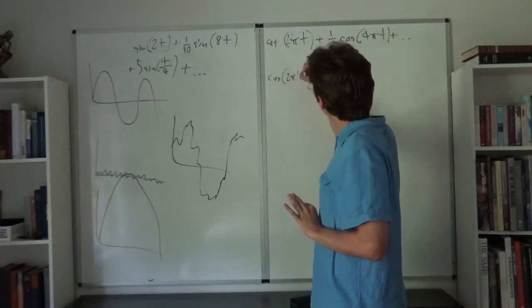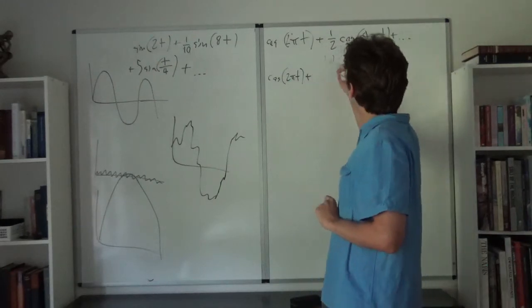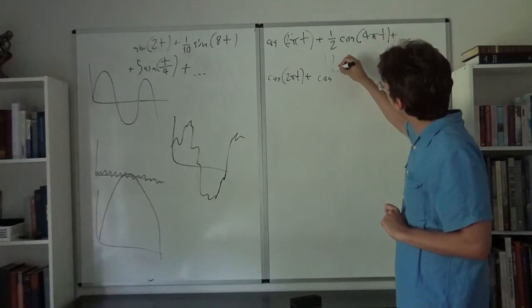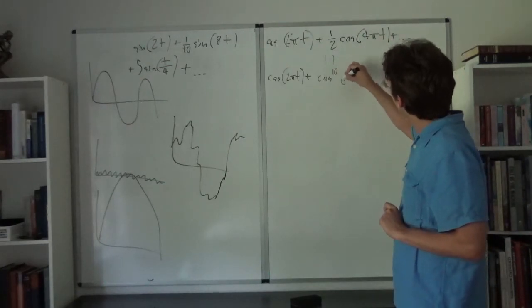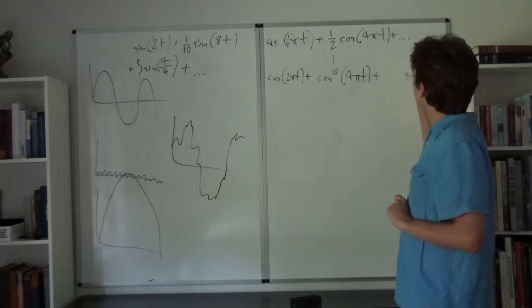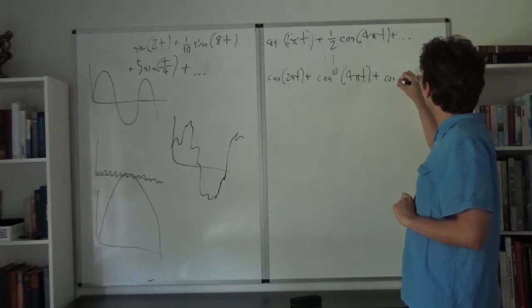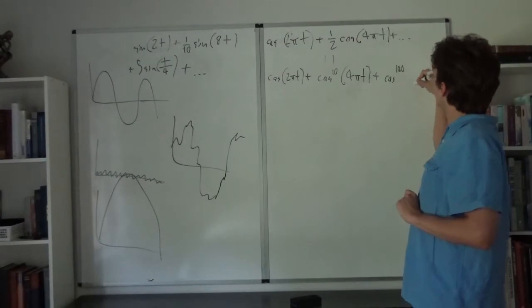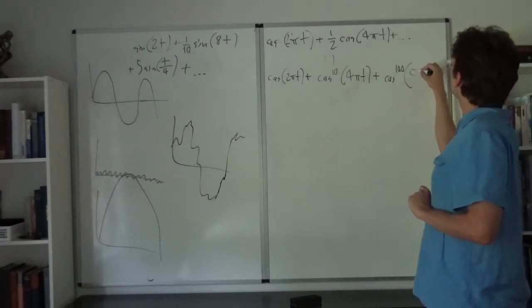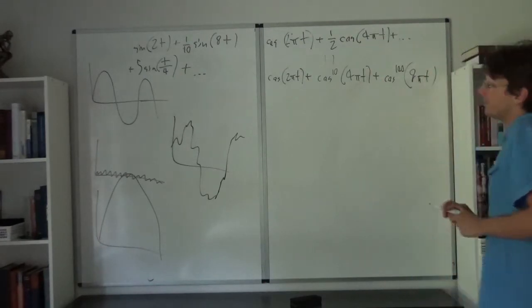I'm going to rewrite these guys as cosine 2 pi t plus cosine to the 10th of a slightly higher frequency one, and then cosine, let's say 100 on 8 pi t, and so on and so forth, okay?